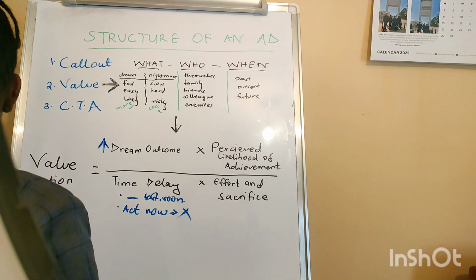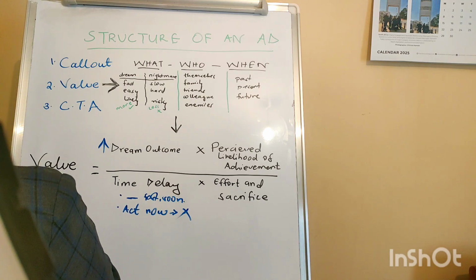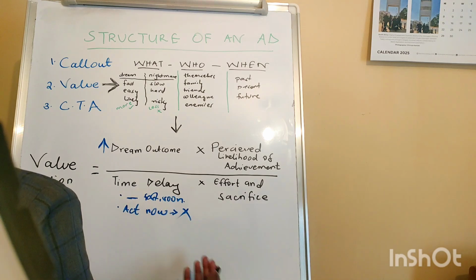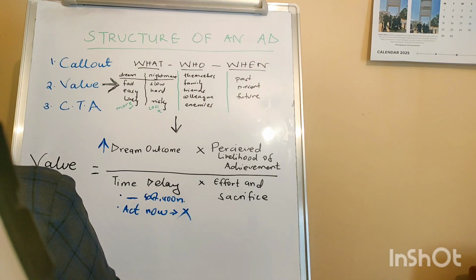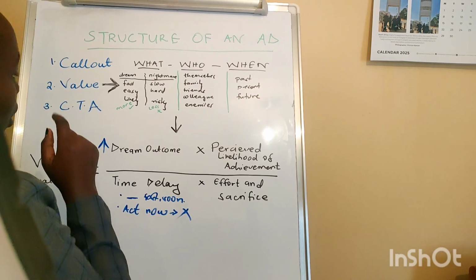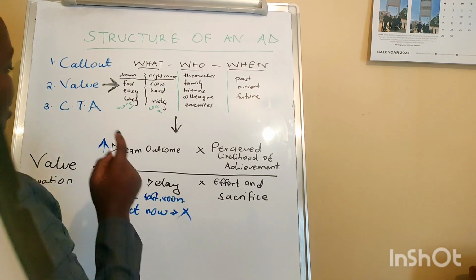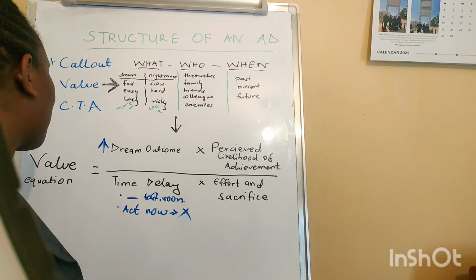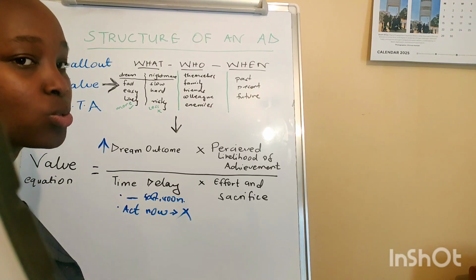So this is the value, the what, who, when framework. Okay, so what else do I want to say? The CTA, the call to action. Always be specific in what you want people to do after they see your ad. Usiwache tu hivyo.